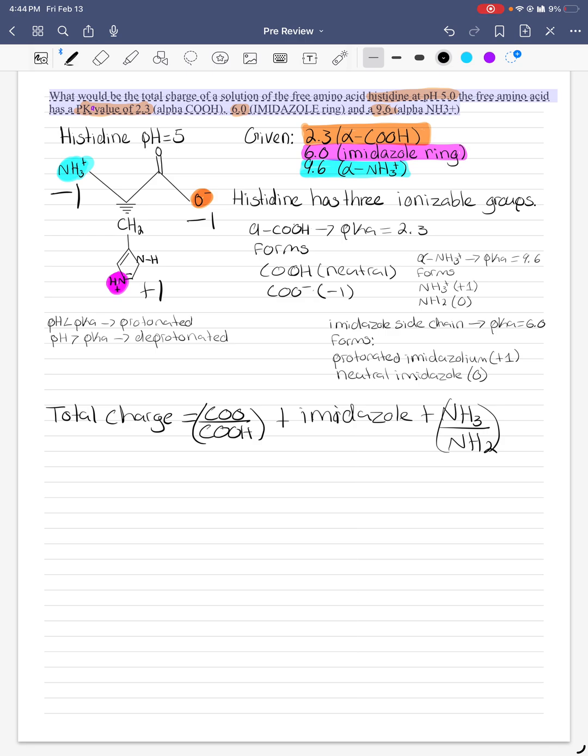So this is the formula to solve it, right?